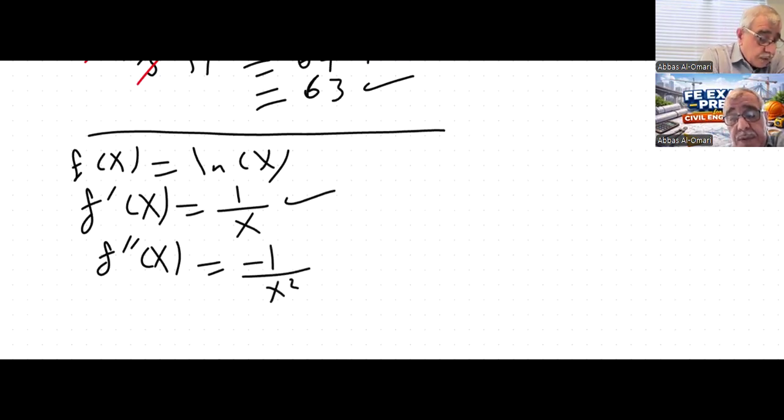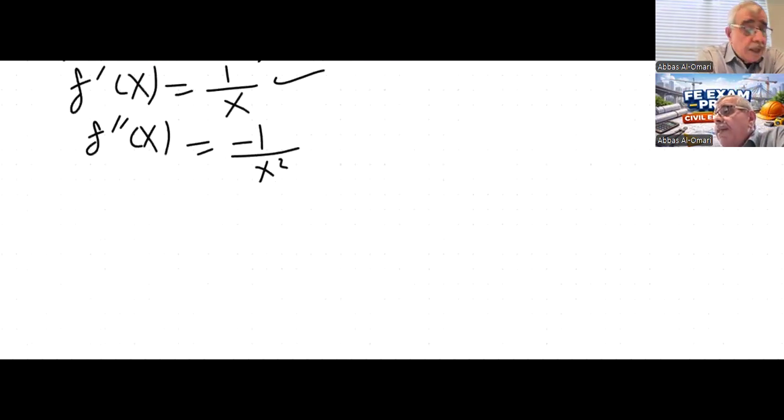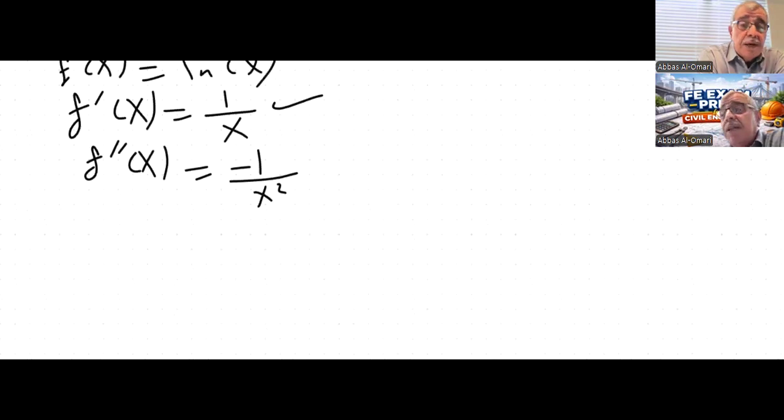Either you remember this, or you can use the rule: the derivative of the numerator multiplied by the denominator minus the derivative of the denominator multiplied by the numerator, divided by the square of the denominator. We can apply this rule. Just want to find it by the general rule.